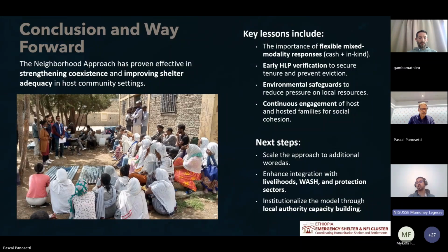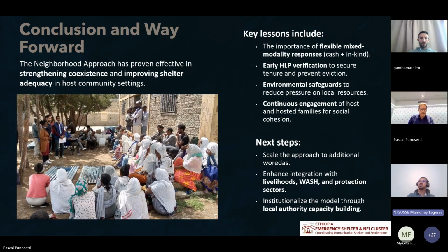Basically, the local justice as well as partners from the protection side have also been contributing to the HLP due diligence measures. The environmental screening for sourcing local materials was also there.